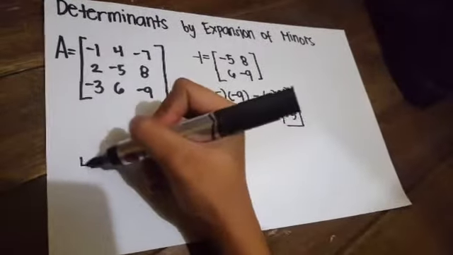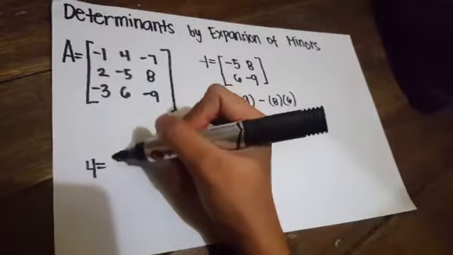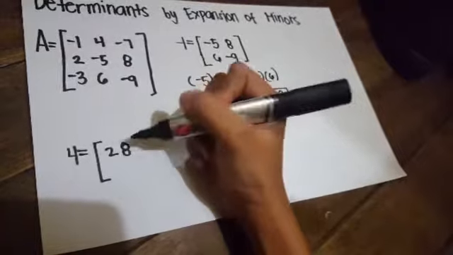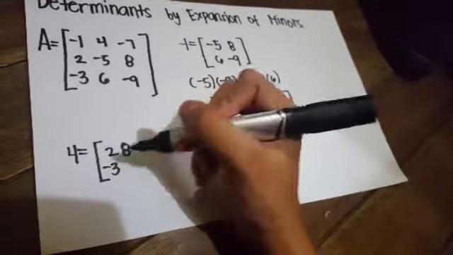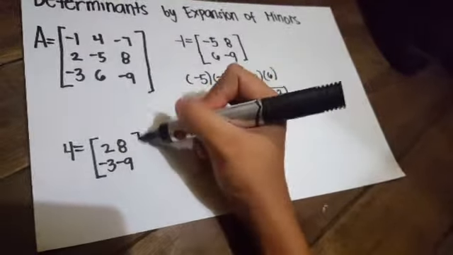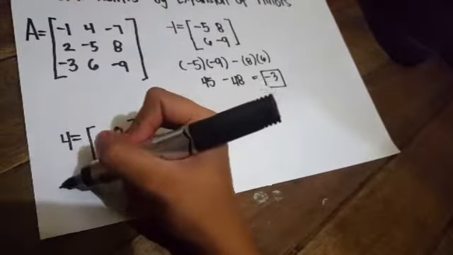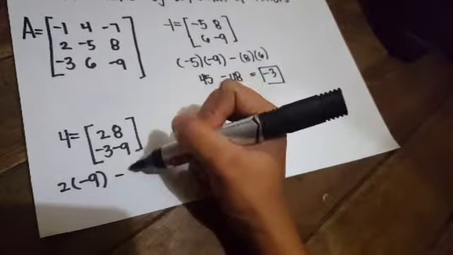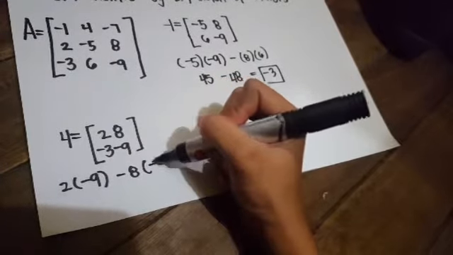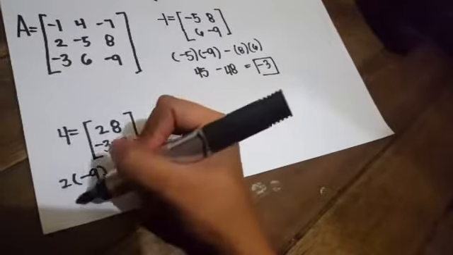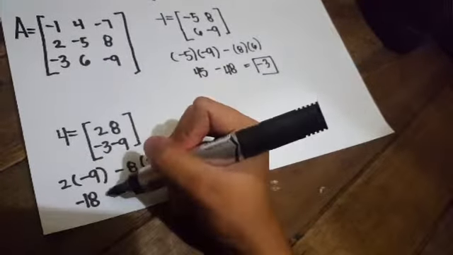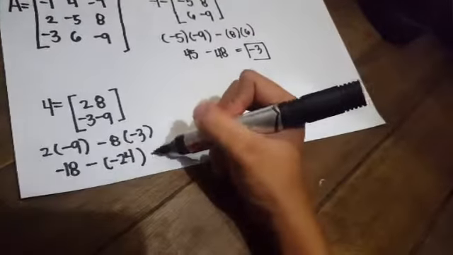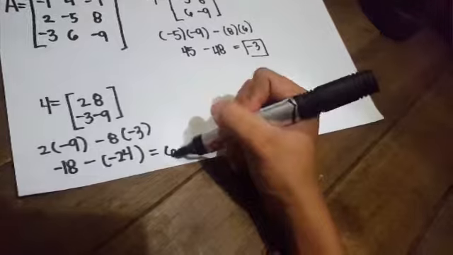For 4, the remaining entries are 2, 8, -3, -9. Cross multiply: 2 times -9 minus 8 times -3. -18 minus -24 equals +6.